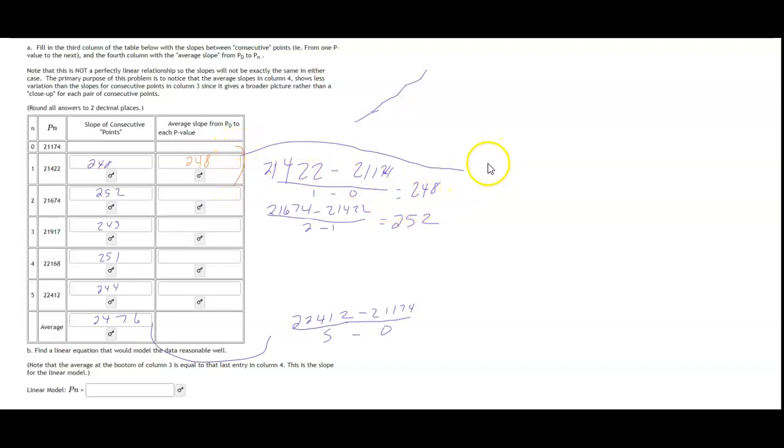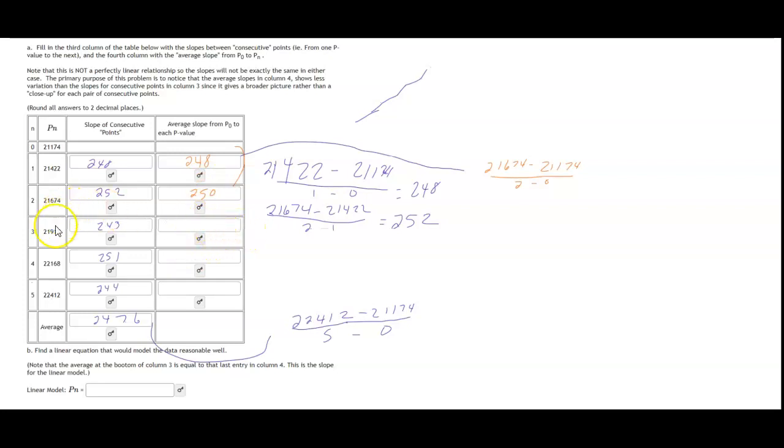That's going to give us 21,674 minus 21,174 divided by 2 minus 0. So we're spanning 2 points there. So that division gives us 250. It's not quite as steep as the 252, which you're going to see these kind of smooth it out a little bit.